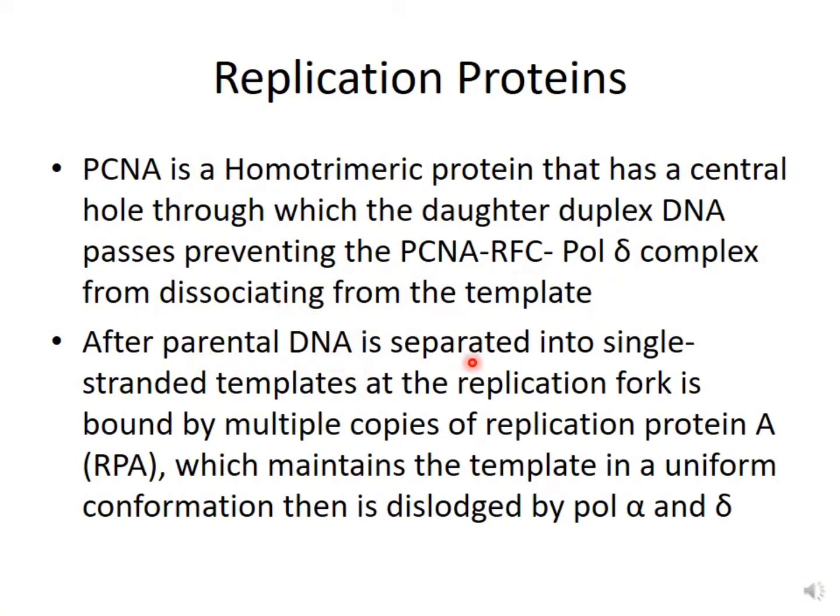After the parental DNA strand is separated into single-stranded templates at the replication fork, it's bound to multiple copies of the RPA, which is the replication protein A. This protein maintains the template in a uniform conformation. Then it is dislodged by pol alpha and delta. So its purpose is to prevent the formation of secondary structure of the single-stranded DNA that resulted from the T antigen helicase passing through that portion of the DNA earlier.